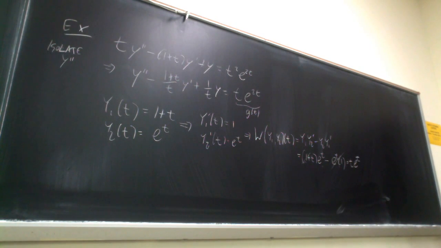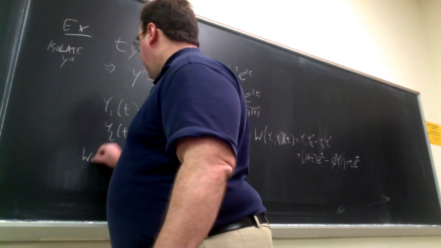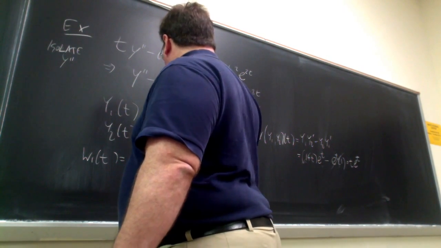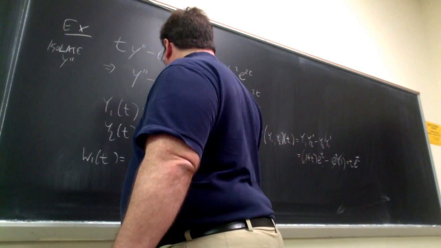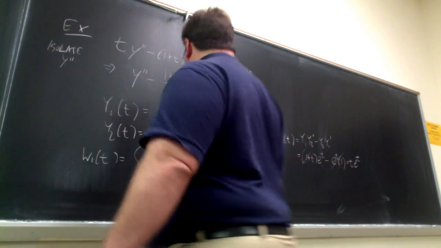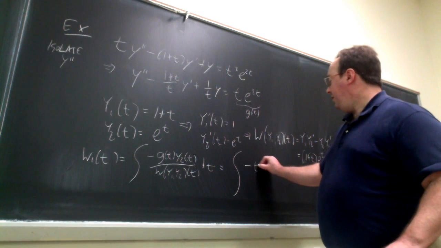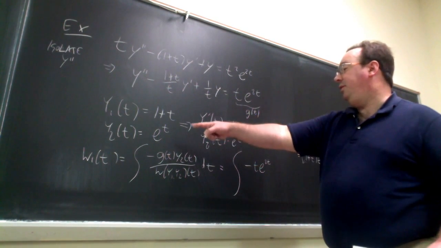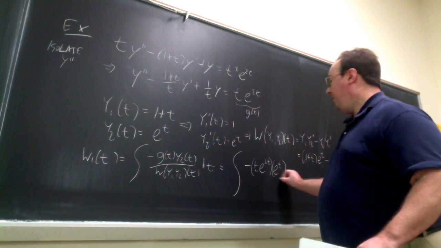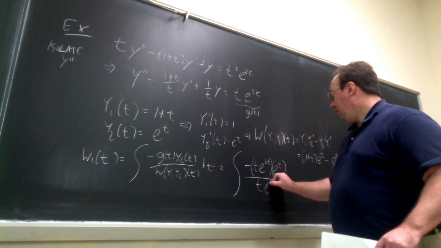So that's going to go in our denominator. So now we can go ahead and set up the integrals we need to evaluate. So W1 is the integral of minus g y2 over the Wronskian. Okay, so we have g is t e to the 2t, y2 is e to the t, divided by the Wronskian, so that's t e to the t.